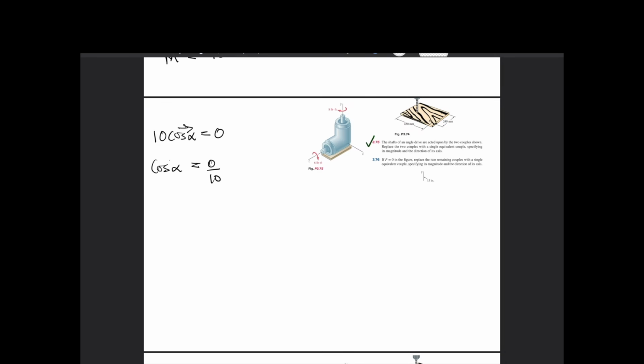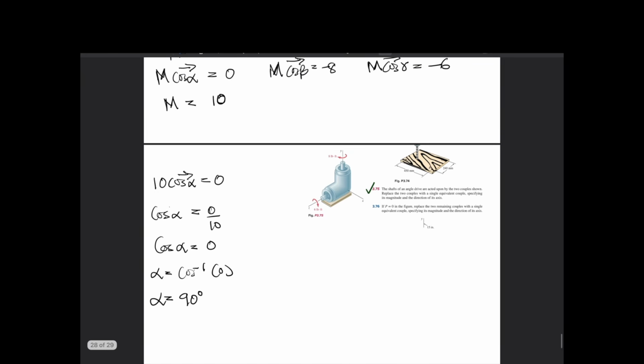That will be cos alpha is equal to 0. And alpha is arc cos 0, which means our alpha will be 90 degrees. So we do the same for the other parts.